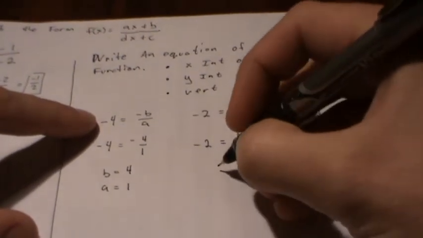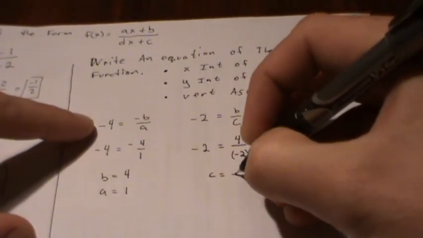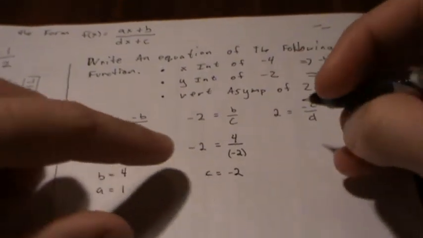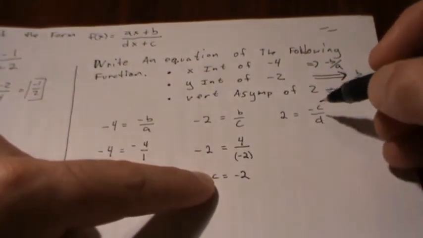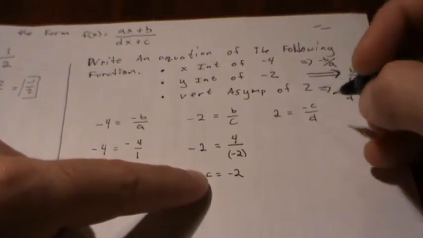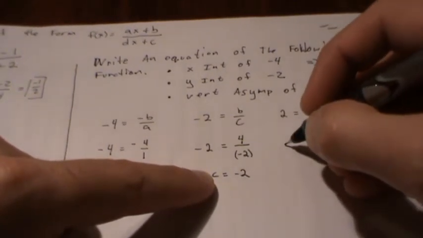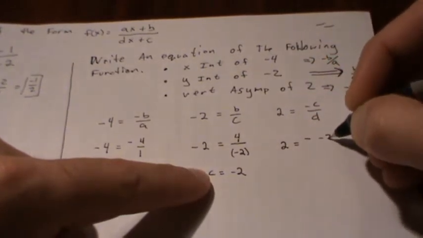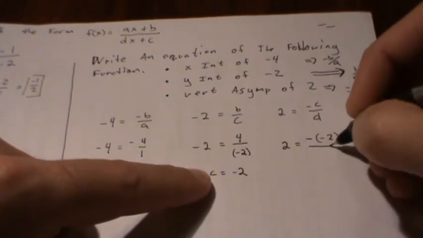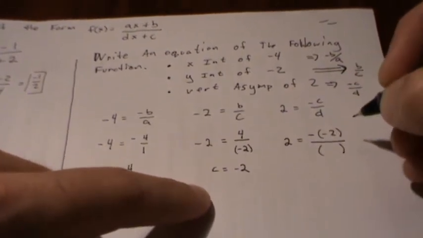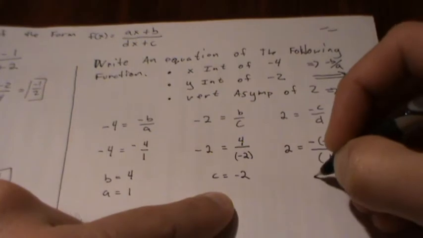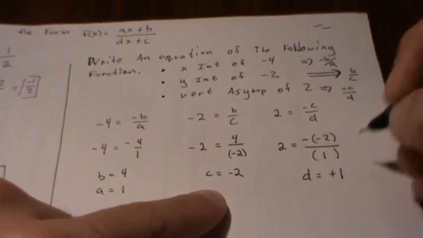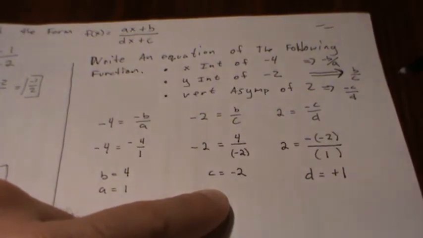And so now I've discovered my c value is negative 2. Again, I just take this information and bring it over here. If I say that 2 is equal to negative 2 divided by what? It looks like my d value must be positive 1.